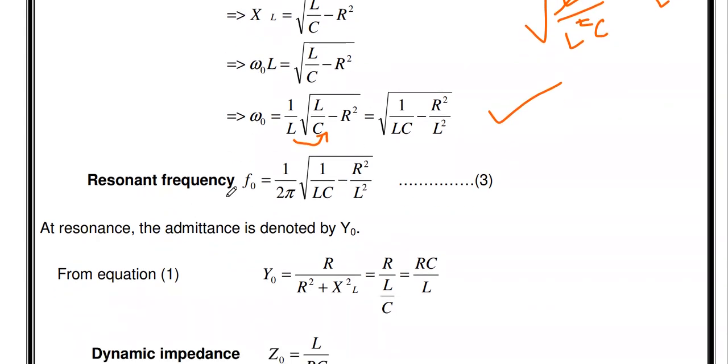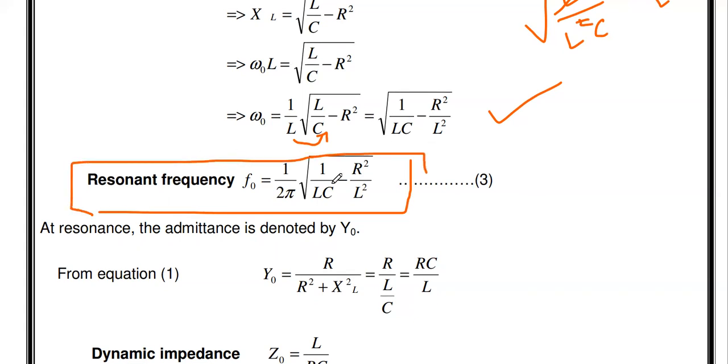So if you want to find the resonant frequency in hertz, you just divide this omega naught by 2 pi. So the resonance frequency in hertz is F naught equal to 1 by 2 pi square root of 1 by LC minus R squared by L squared.